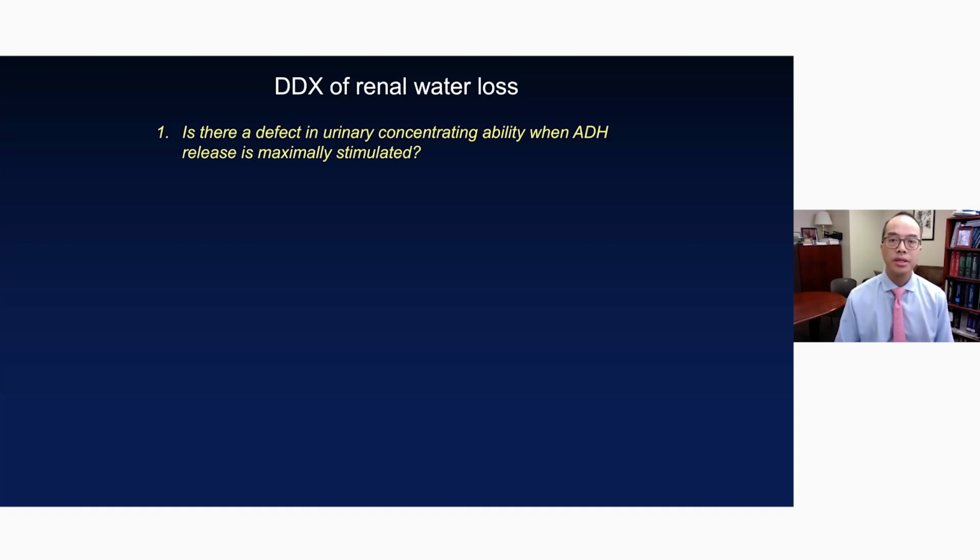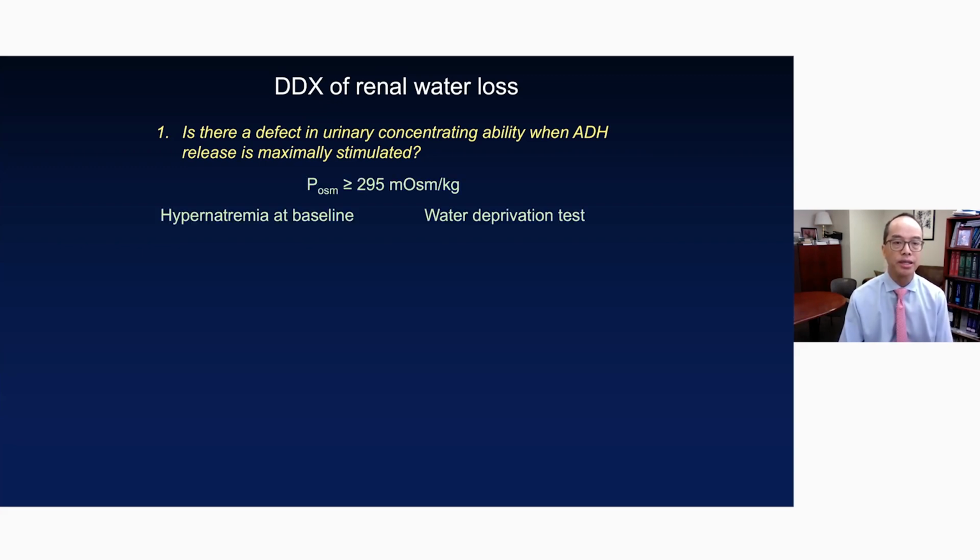So one can't distinguish whether this is due to primary polydipsia or diabetes insipidus. So the question that needs to be asked first is, is there actually a defect in urinary concentrating ability? And the way to determine this is to determine the urine osmolality when ADH release is maximally stimulated.